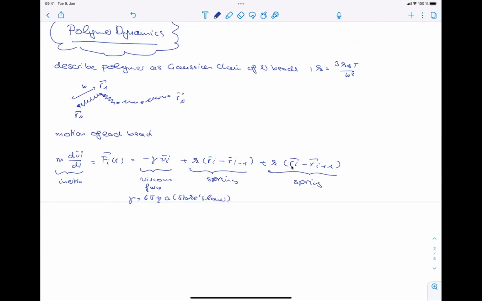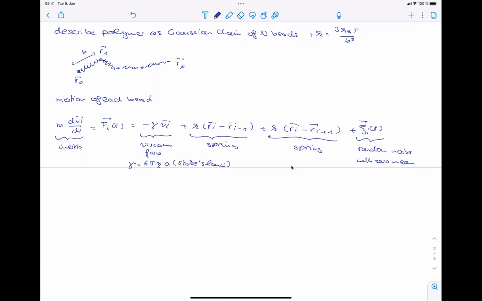And then, in a microscopic setting, I also consider that the thermal environment will give a random noise, which I describe here. That's a random noise with zero mean, which means that at one point in time, this noise may push you to the right, at another point to the left, and on average, there's no net push.